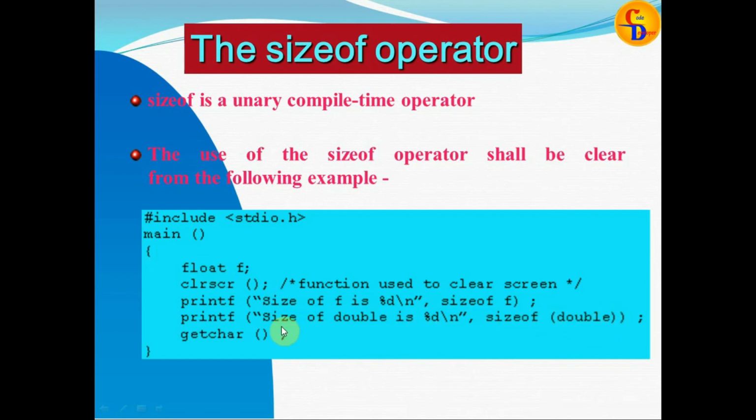In this the answer is 8 because the double data type occupies 8 bytes. So sizeof(f), f is a floating variable, so the float occupies 4 bytes.